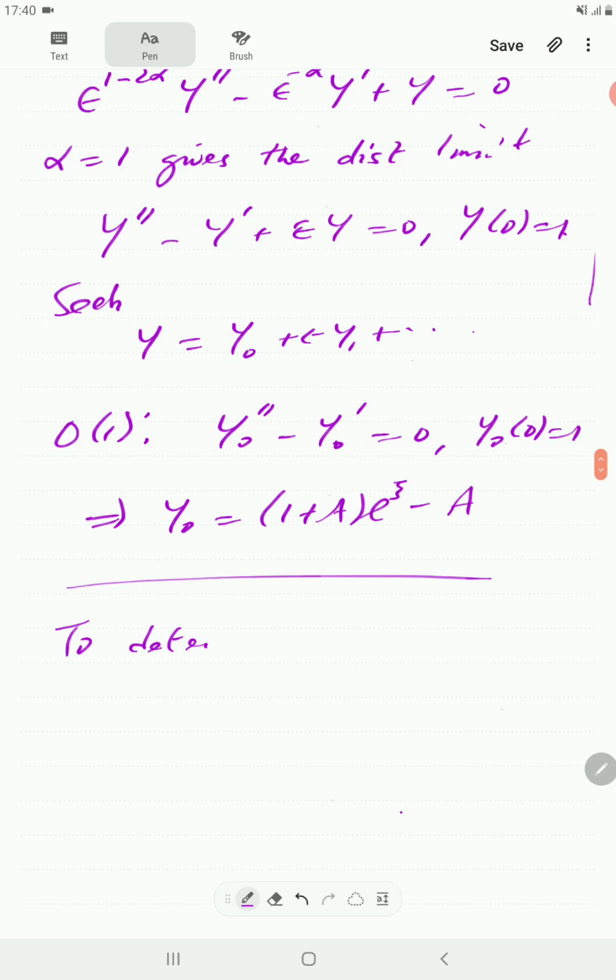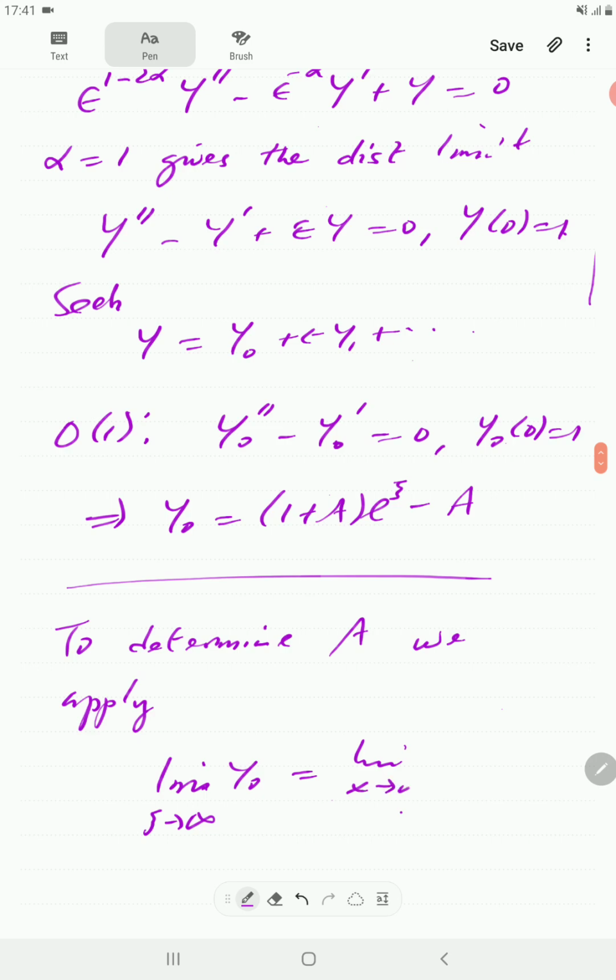To determine a, we apply the matching equation, of course, y naught as xi goes to infinity, x goes to 0.